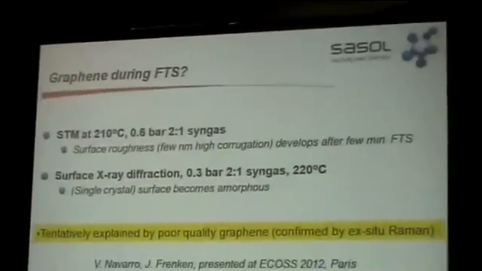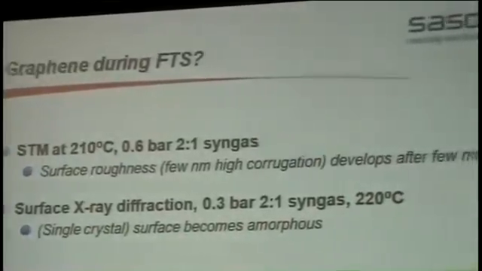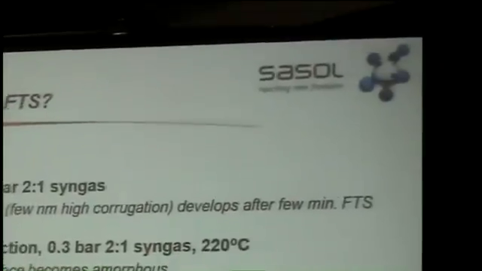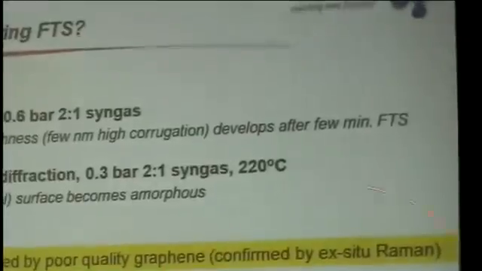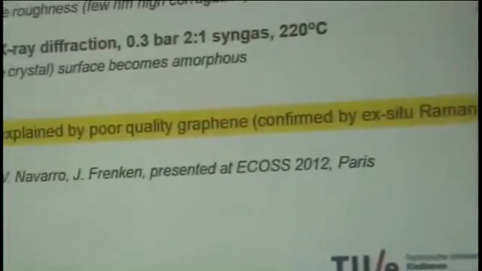And they expose the surface to syngas, and what they reported is that they see surface roughness develop very quickly. After a few minutes of Fischer-Tropsch, they see huge height differences on their initially flat surface. So they explain this by the formation of poor quality graphene, somehow related to this surface restructuring, and they confirm the presence of graphene by ex situ Raman spectroscopy.